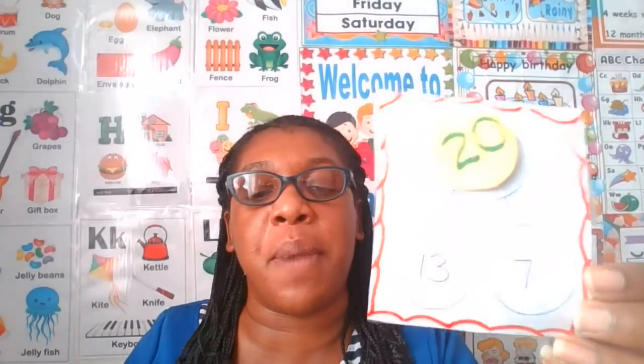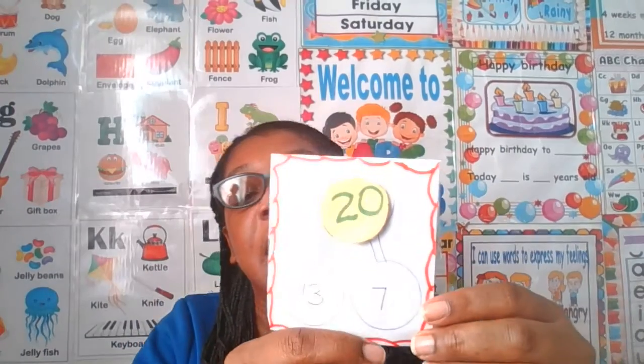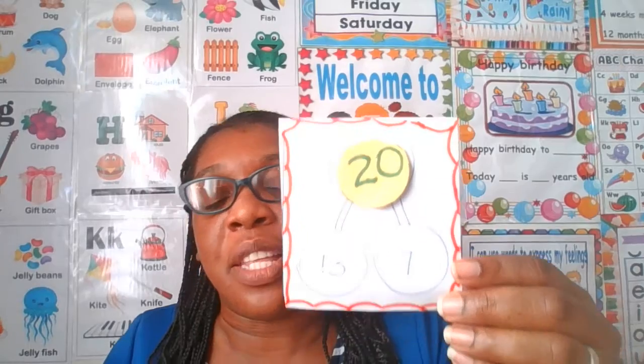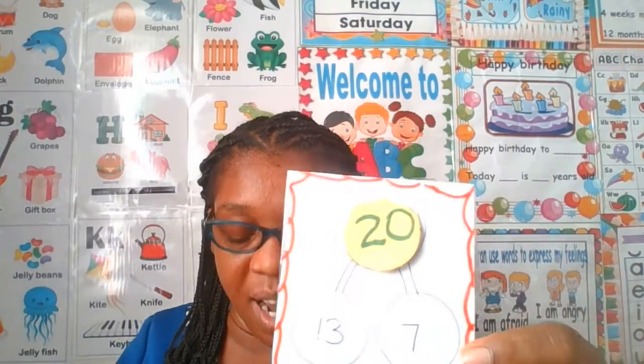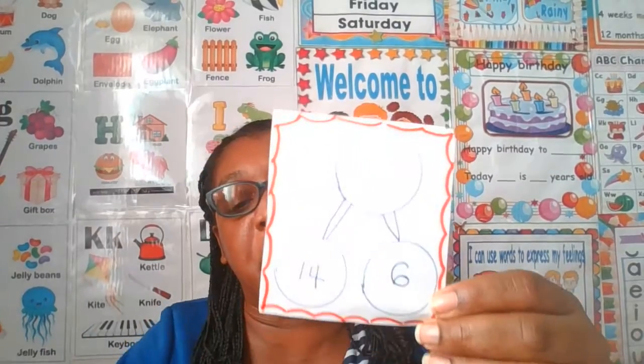Number bonds, number bonds. That make 20. Number bonds, number bonds. That make 20. 13 plus 7 equals 20. 13 plus 7 equals 20. Number bonds, number bonds. I know my number bonds, number bonds, number bonds.